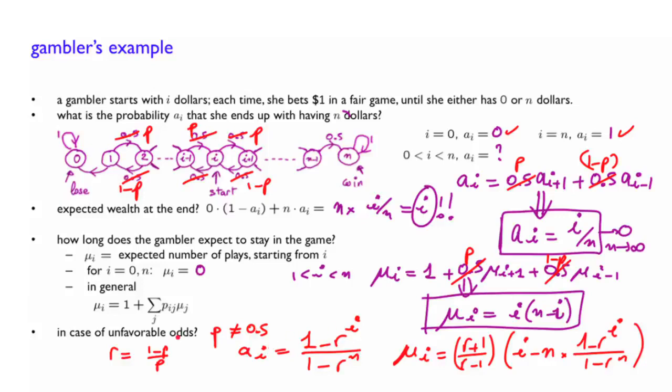And in a case where P is strictly greater than 0.5, that means that she has the odds in her favor, then in that case this number R to the power n will go to 0, and 1 minus R to the power I will represent the probability that she would become infinitely rich. In other words, by being very greedy and going to infinity, this will go to 0, and 1 minus R to the power I is the probability that she would get infinitely rich.